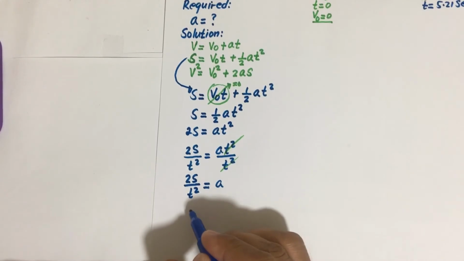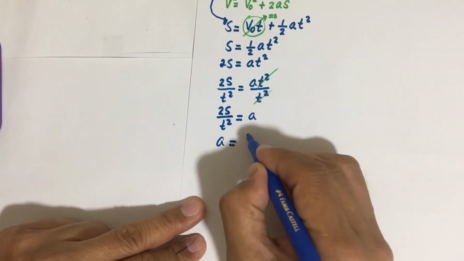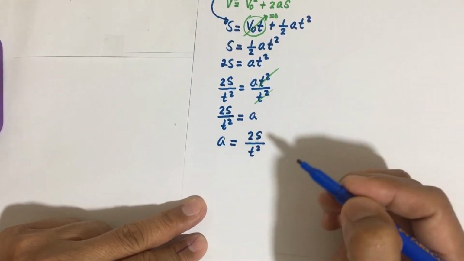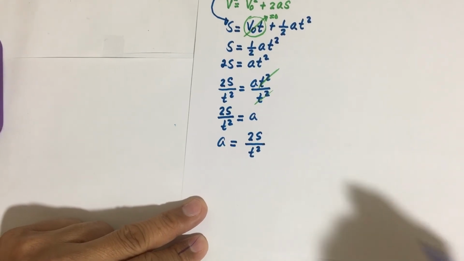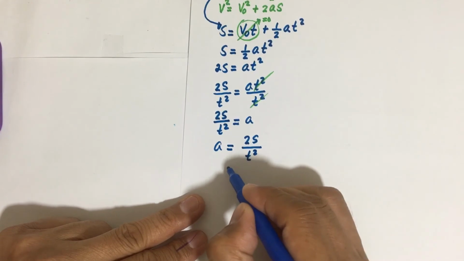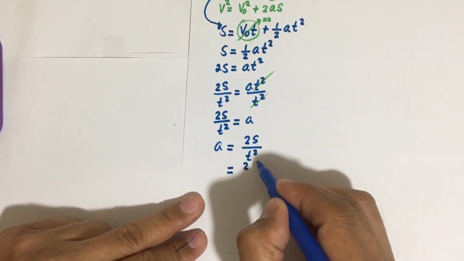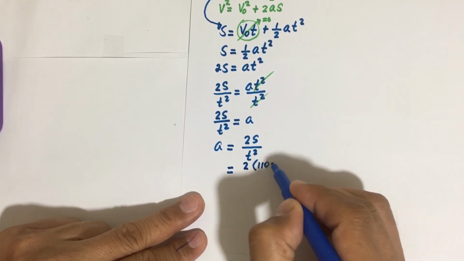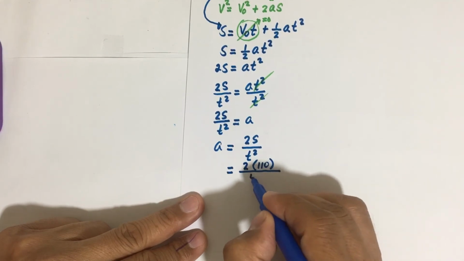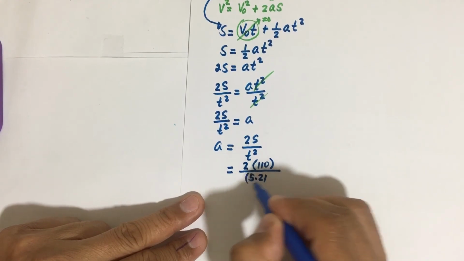Or a equal to 2 times s divided by t squared. Then substituting the given, 2 times s, our s is 110 meters, divided by t, our t is 5.21, then squared.